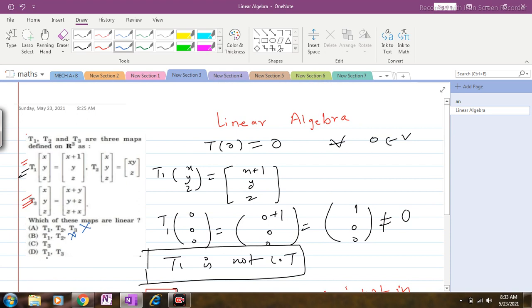T1 and T2 linear, no. Now T1 and T3 linear, but as we know T1 is not a linear transformation, so this is not true. The remaining option is option C, that is going to be the correct one. So as I was saying, T3 is 100% a linear transformation.